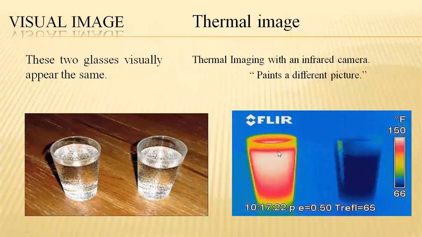So the picture clearly specifies that the temperature of any medium, whether a liquid, vapor or gas, that the glass is holding is in a high temperature zone, nominally equal to 150 degrees Fahrenheit.